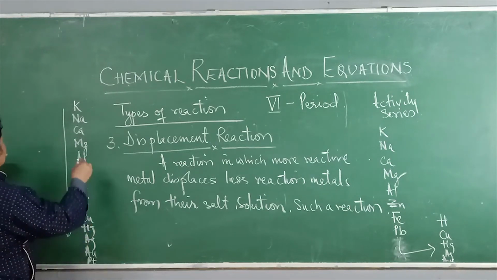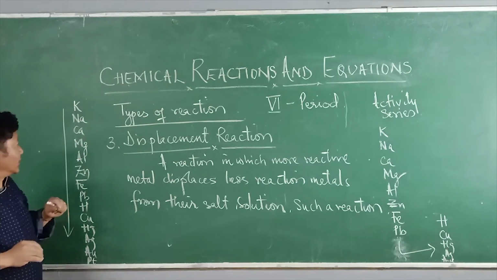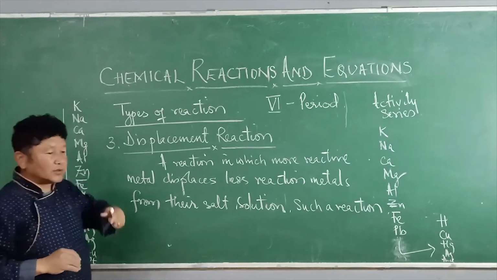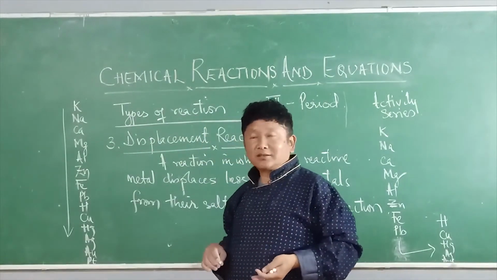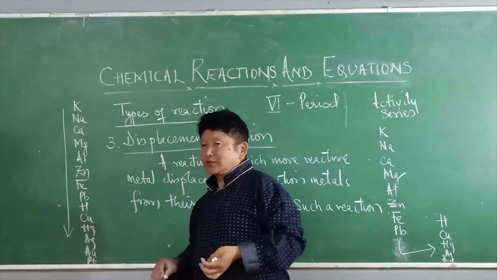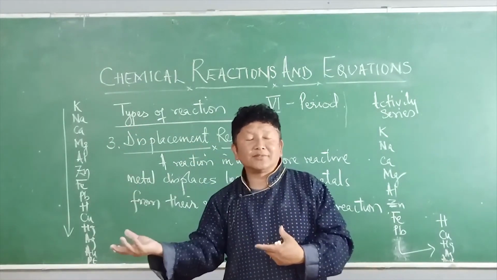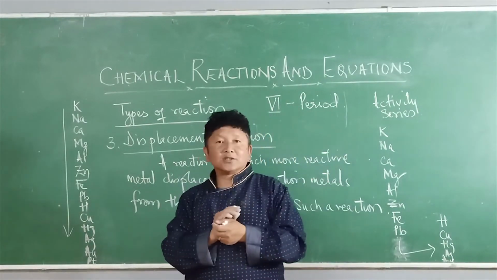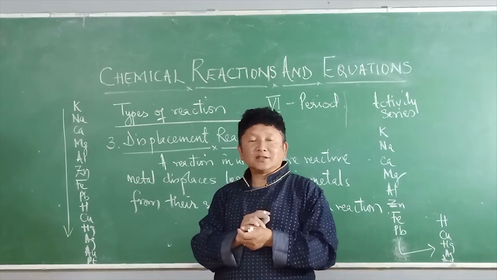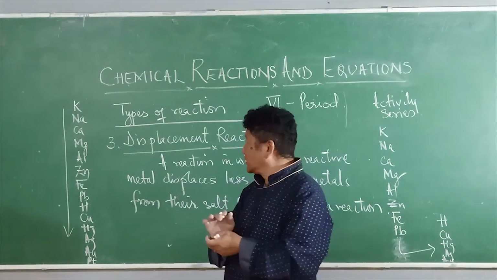The most reactive metals are at the top of this activity series, and the least reactive metals are at the bottom. From here you will know which metals are more reactive and which are less reactive. This is the activity series you learned in class 8, so I have reminded you of it.